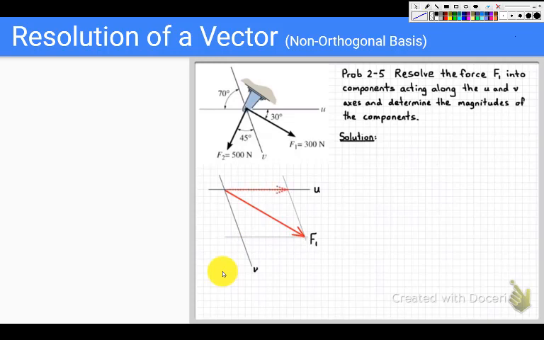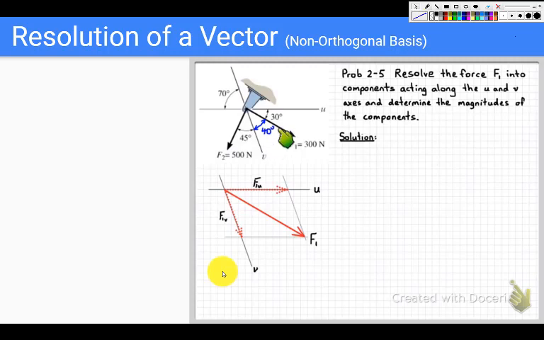So let's draw those in. So we have the component Fu and the component Fv acting along those directions. Okay, so let's label those: F1u and F1v.